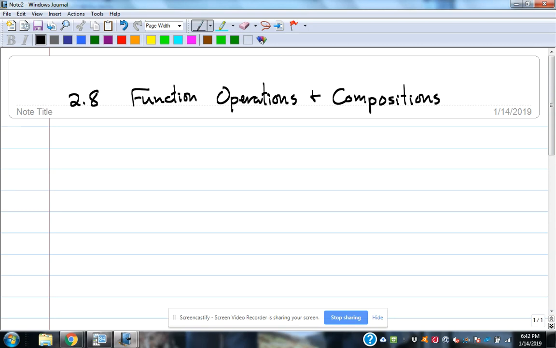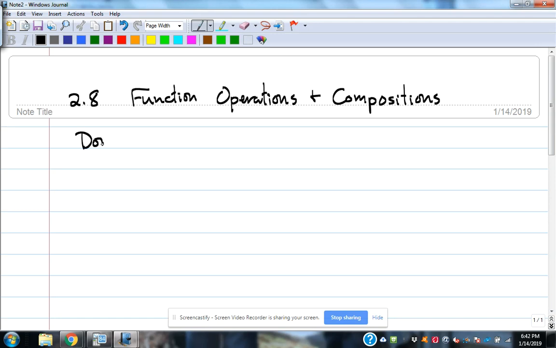Composition is a different game. Okay, composition of functions is a lot like function value, except we don't have a number we're plugging in. We've actually got another function that has x's in it that we're going to plug in. Okay, so we'll get to the composition in just a little bit. We're going to deal with function operation and a few other preliminary things first.